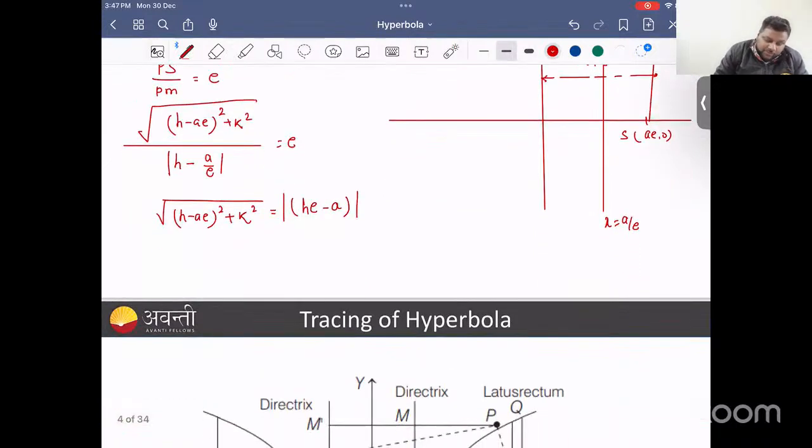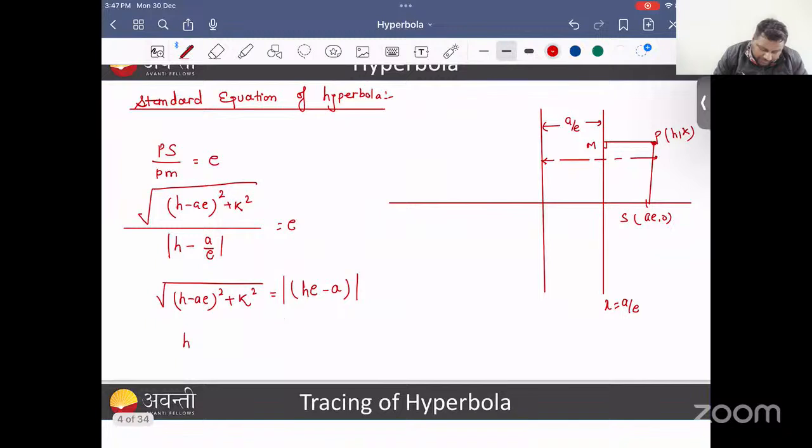Now, if I square both sides, it will be (H minus AE) square plus K square equals (HE minus A) whole square. Am I clear?